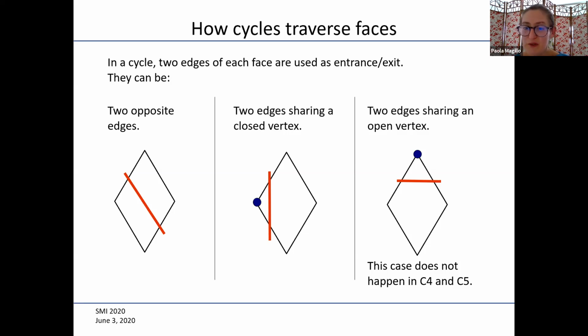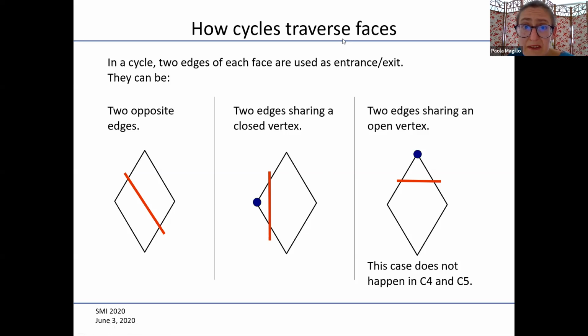So you can choose, for example, if you don't like this way of traversing the faces, you will choose C4 or C5 that do not have this one. Do you want a cycle which is, I don't know, symmetric with respect to the center of the voxel? You have one. A cycle that is symmetric with respect to an axis of the voxel.